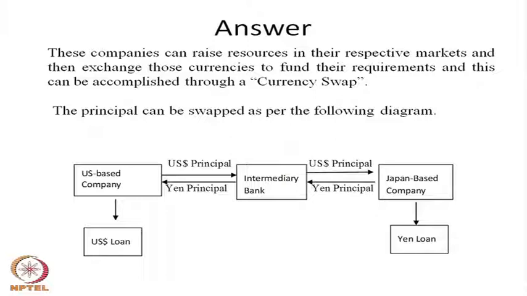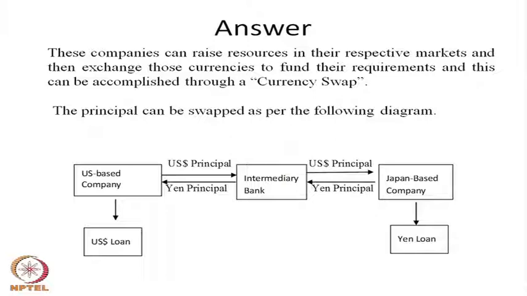Let the Japanese company raise Japanese yen at 3.75, let the US company raise US dollar at 5.5% in the US market. After that, let them exchange the principal among each other and also exchange the interest payment among each other. In this process, swap transaction can take place.